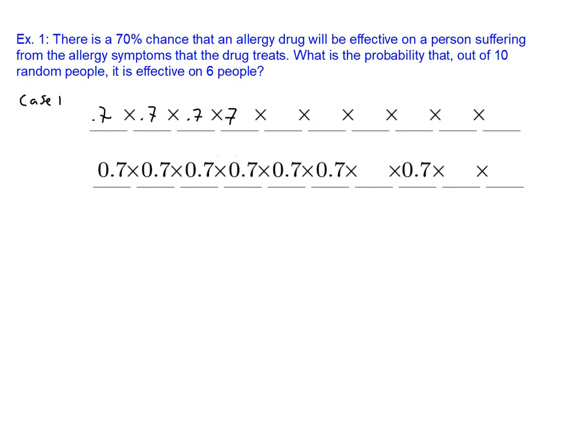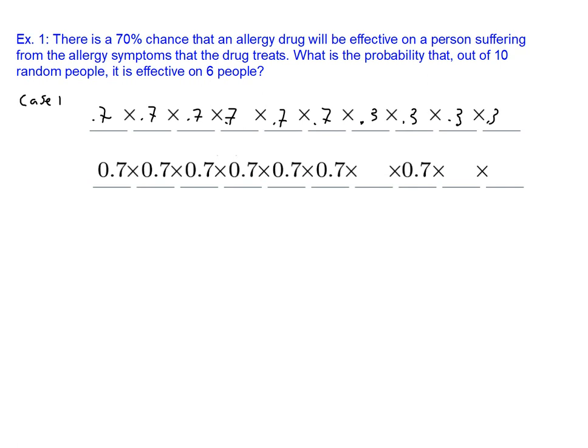Because we're looking for 6 successes, we're going to do 6 of these. Now, if those are successes, then everybody else must fail, so the medication does not treat the symptoms. So there's a 30% chance for each of those failures.